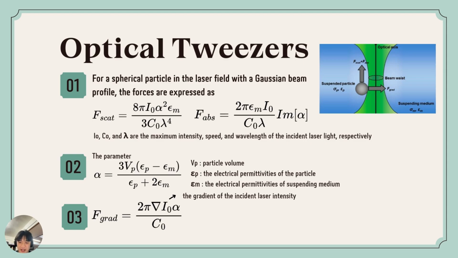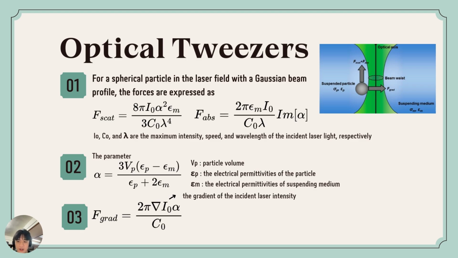For a spherical particle in a laser field with a Gaussian beam profile, the forces are expressed as the first and the second formulas in the PowerPoint. For a non-absorbing dielectric particle, the parameter alpha is positive when the refractive index of the particle is larger than that of the surrounding medium.